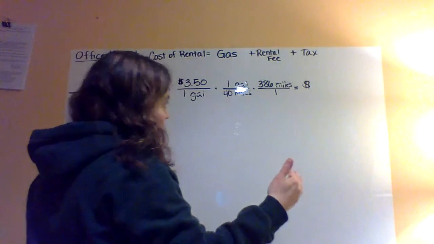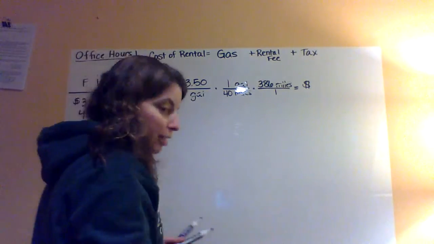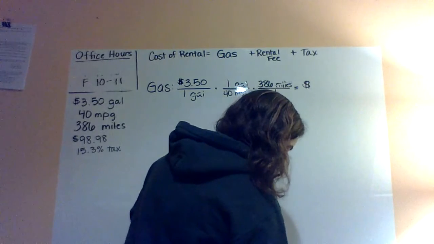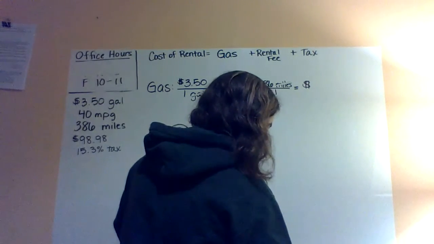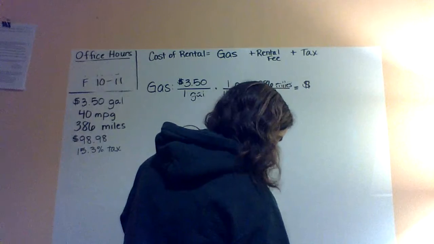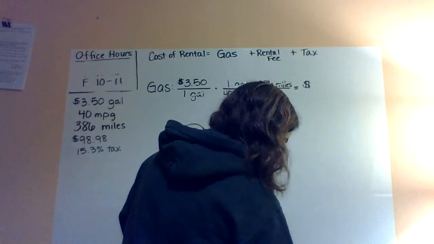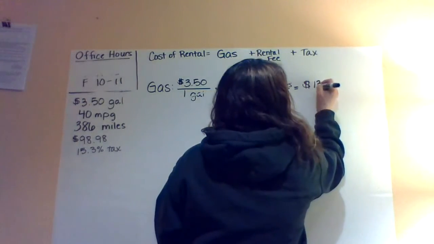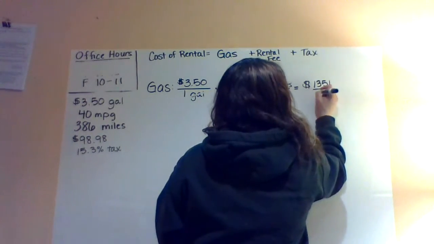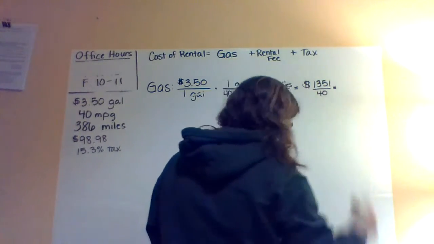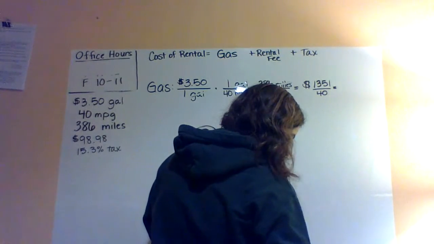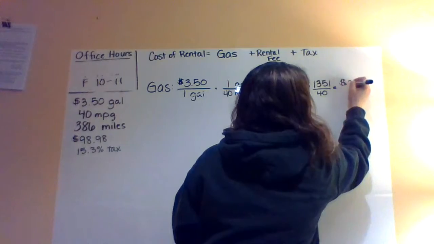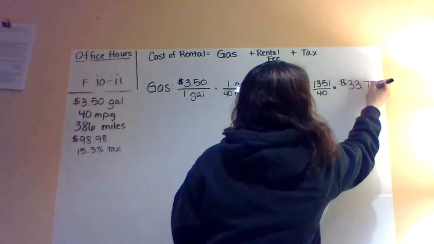When we multiply this across and then divide, we would get at the top, let's see, 350 times 386 is 1351 over 40. And when we divide that, we're going to find out that the gas cost is $33.78. Again, we're always rounding to the nearest penny.